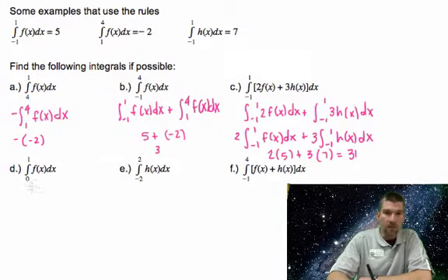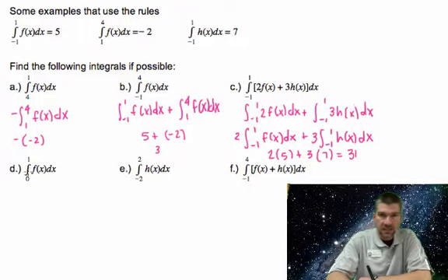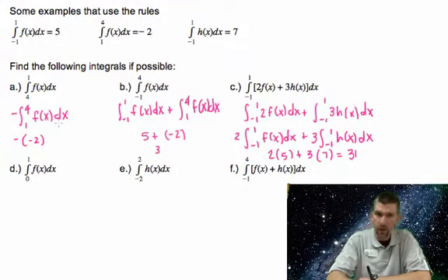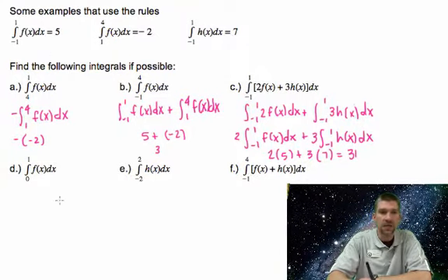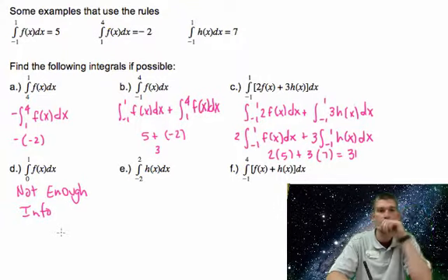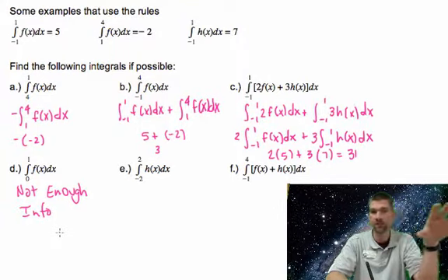Now, look at D, 0 to 1 of f(x) dx. I don't think we're going to have enough information to solve this. There's no way that we could subtract one of these around to get just 0 to 1. So on this particular one, D, we just don't have enough info. If we had another rule that we could use, or a little bit of a different situation, we'd be okay.